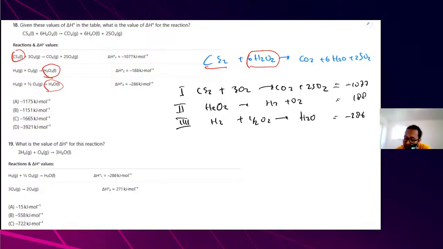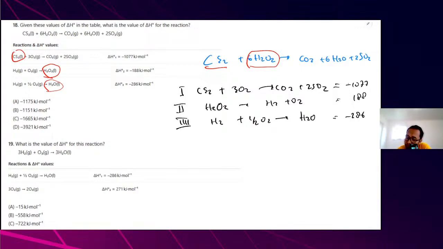All right, so now let's process it. Okay, add and cancel all three steps.